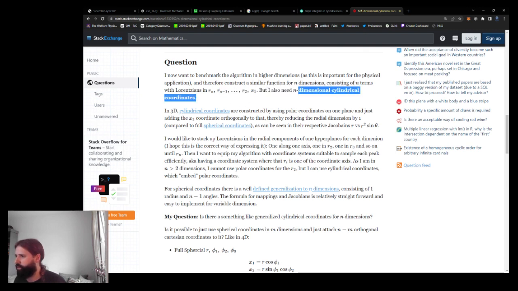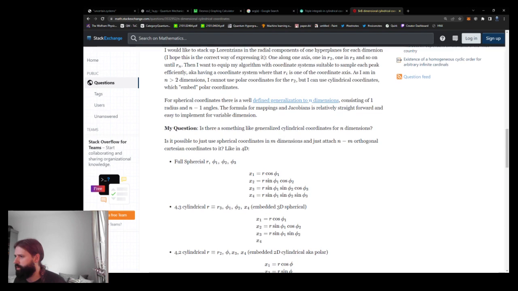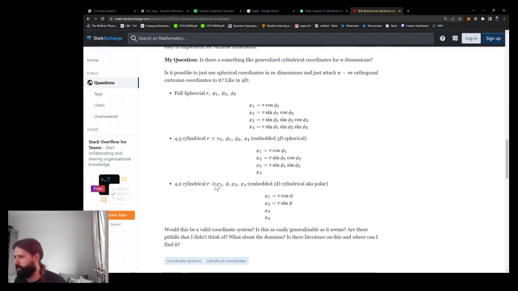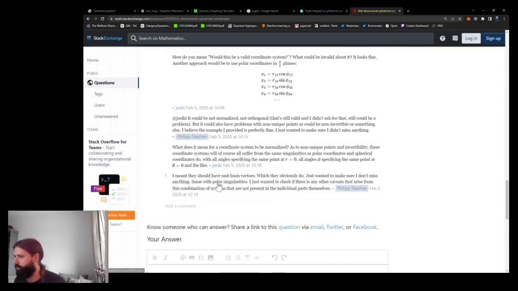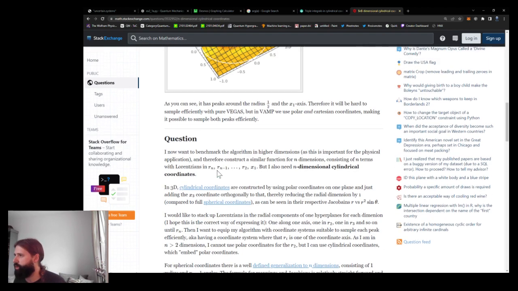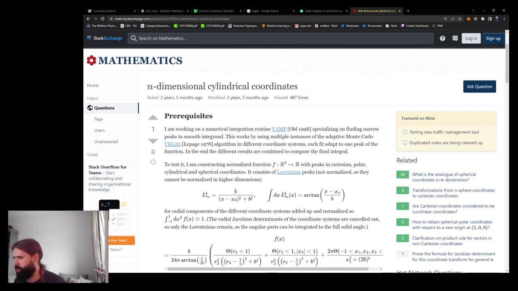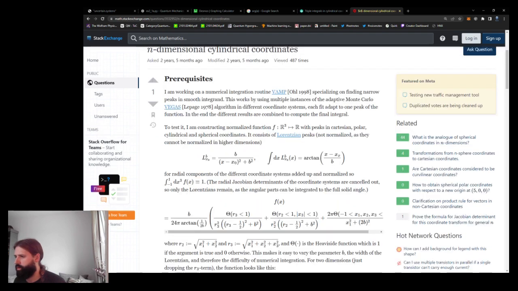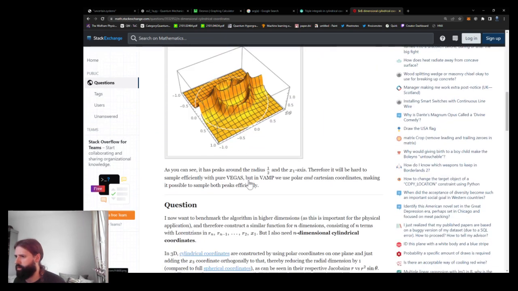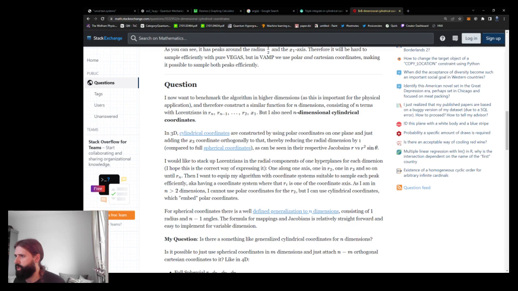An n-dimensional cylindrical coordinates. Full circle, cylindrical. I have to read all these. High dimensions.